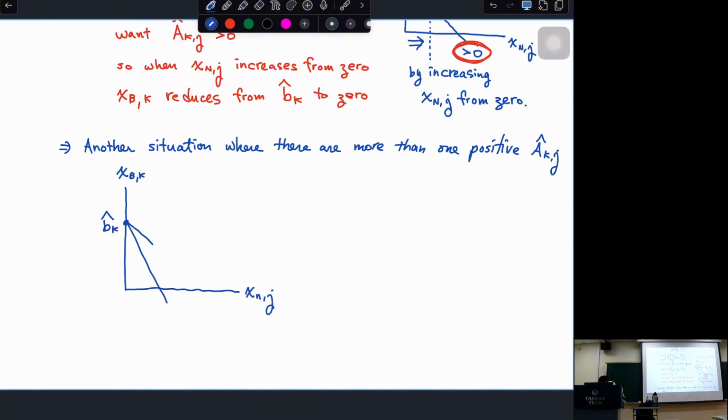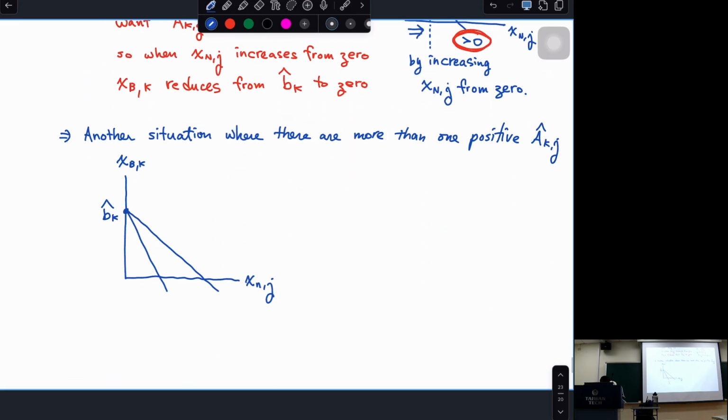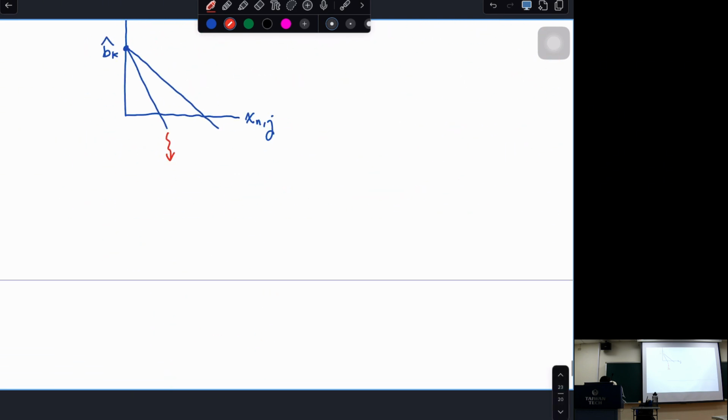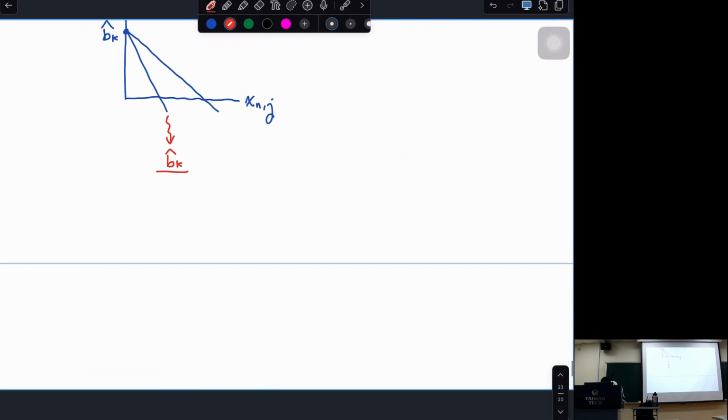So in this case, the b_k over a_kj is smaller.